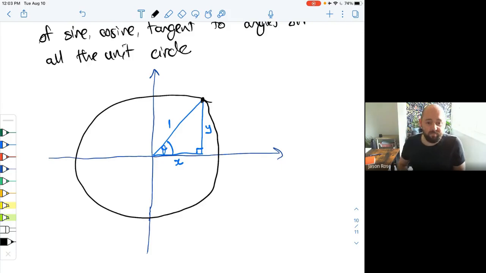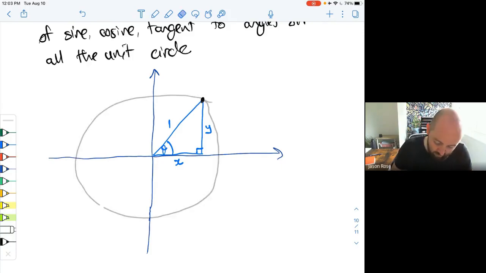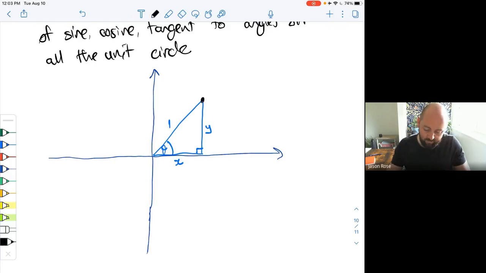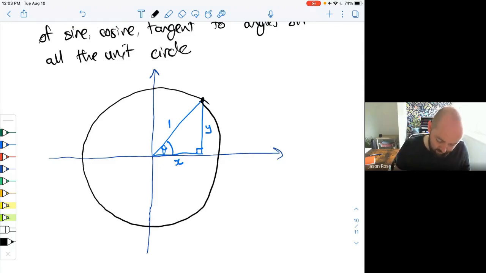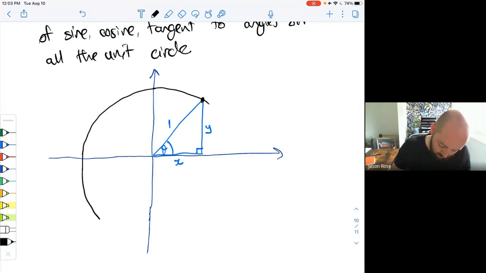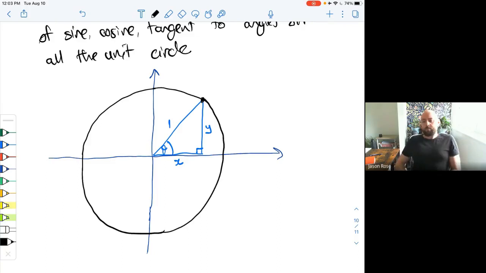Sorry for my drawing, I really want this to be a little bit better. Okay. It's not much better, but it is what it is.